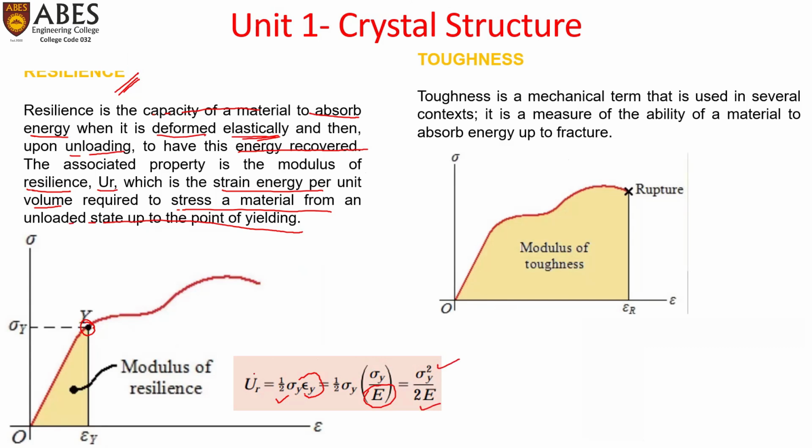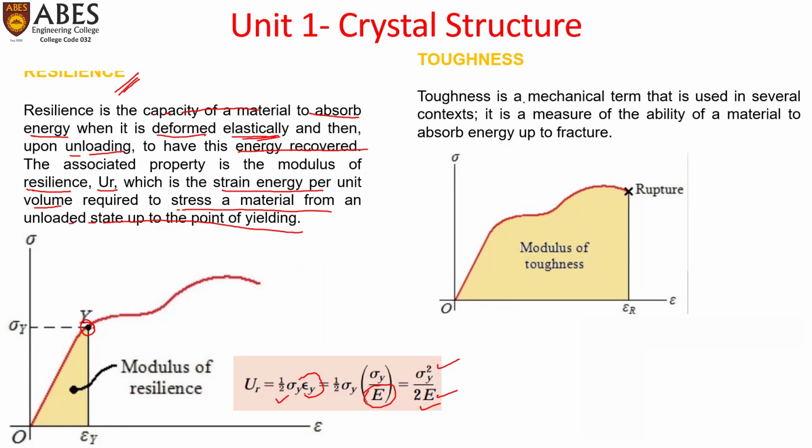So UR, the modulus of resilience, can be obtained from this relation: it equals the square of the yield stress upon 2 times the modulus of elasticity.